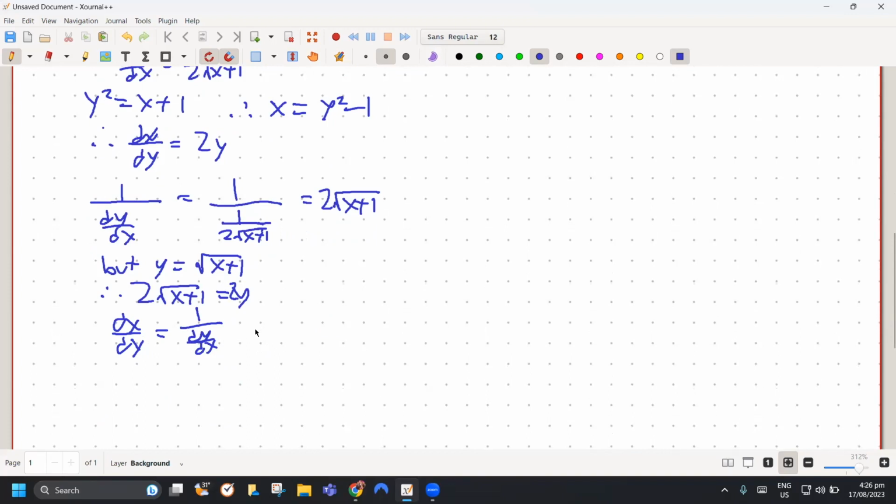Para mas klaro, yung 1 over dy/dx mo dito, isulat mo as 1 over 1 over square root of x plus 1, equals 2 square root of x plus 1. Yung after nung line ng dx/dy is 2y. So, dx/dy is equal to 2y. The equation after that, isulat mo na dyan na equals to y.